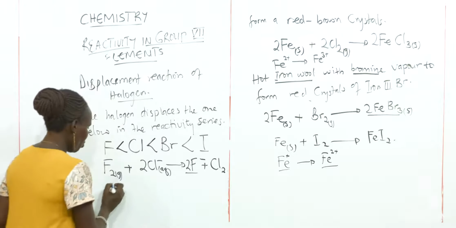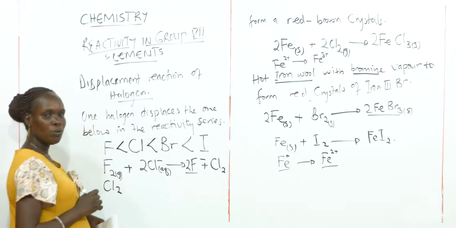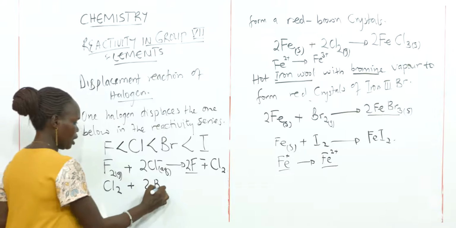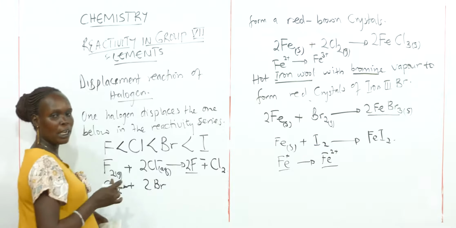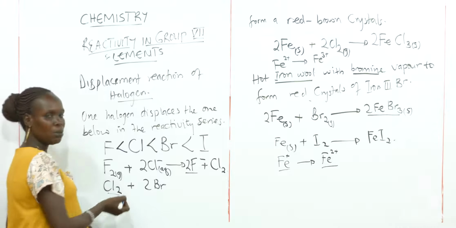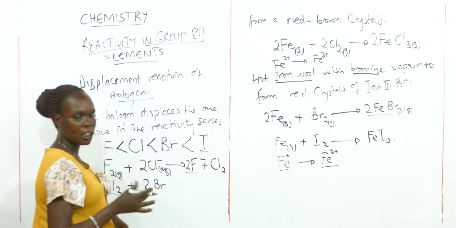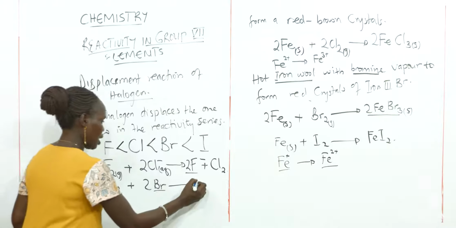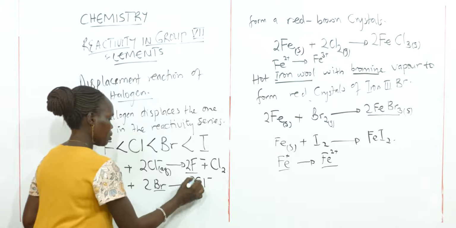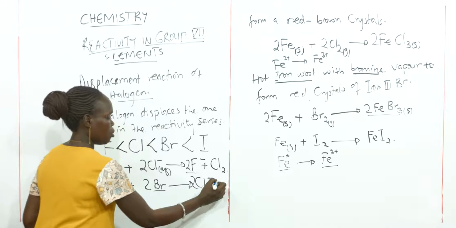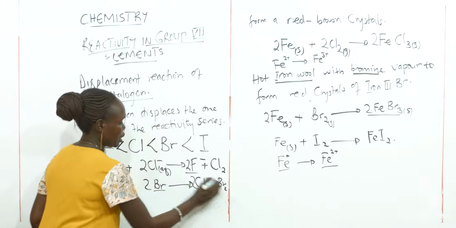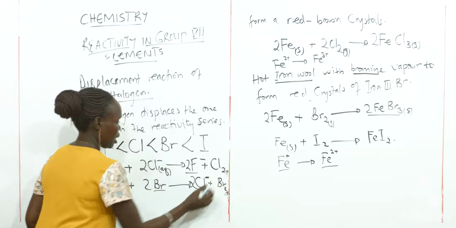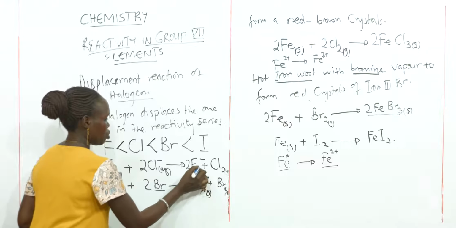We can also have chlorine molecules. It will displace bromine, which is in a compound form. Because chlorine is higher in the reactivity series, it will displace bromine. So we shall have chlorine plus bromine. Here we have the gas, and these are aqueous solutions.